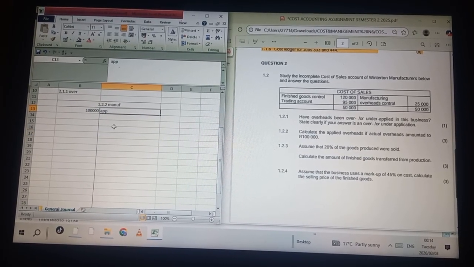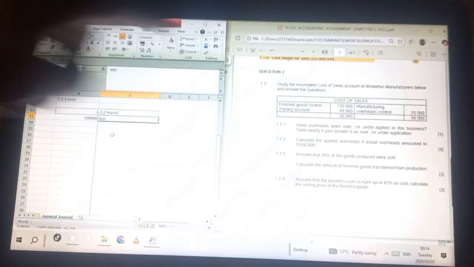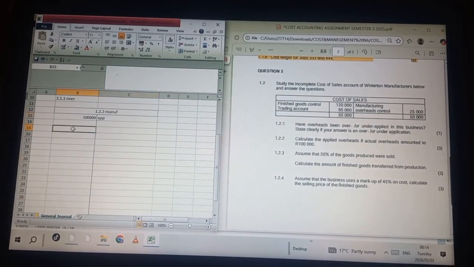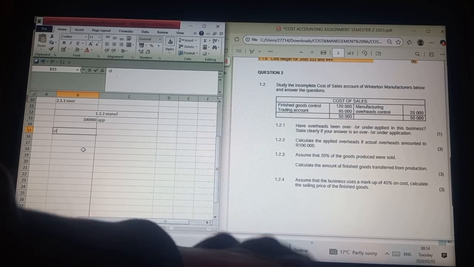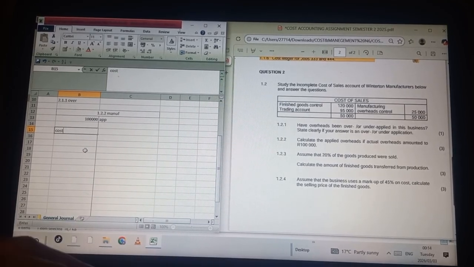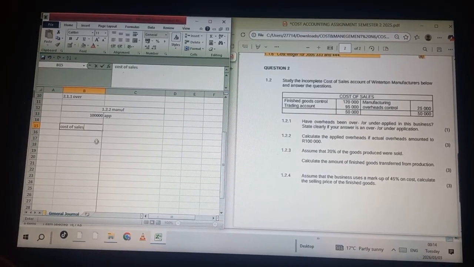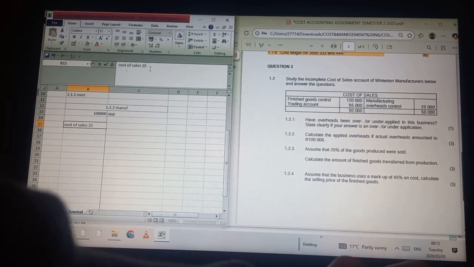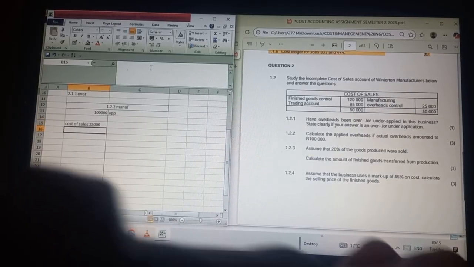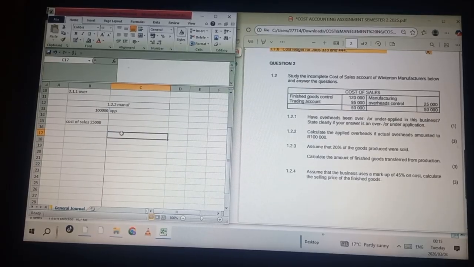We need to calculate the applied overheads. But according to our cost of sales, manufacturing overheads, you know that is 25,000, right? And then it was on this side as cost of sales. You work with what you have in order to get what you want. It means our bigger side here was applied overheads of how much?